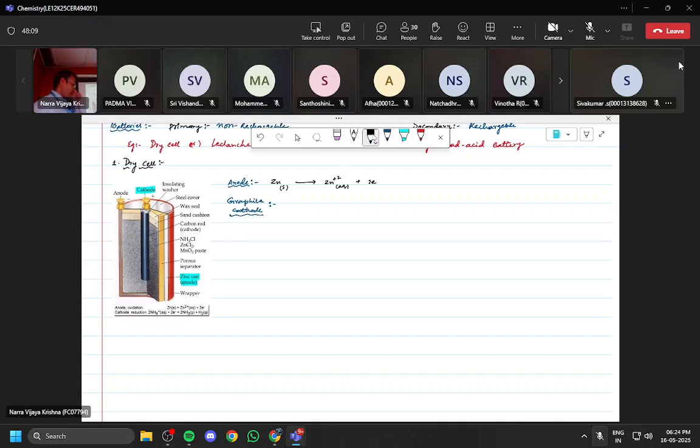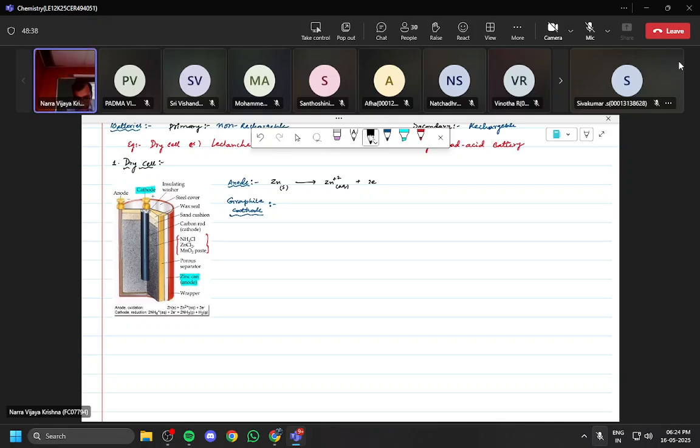Now see this carefully. This is behaving as, can I call it an electrolyte, but not liquid. It is a paste: MnO2 mixed with ammonium chloride plus moisture, water plus MnO2 paste, right? That acts as a gel type material, right?